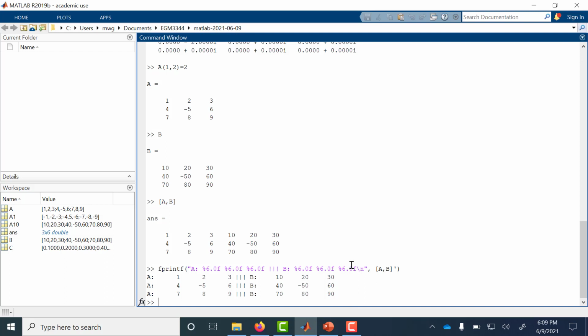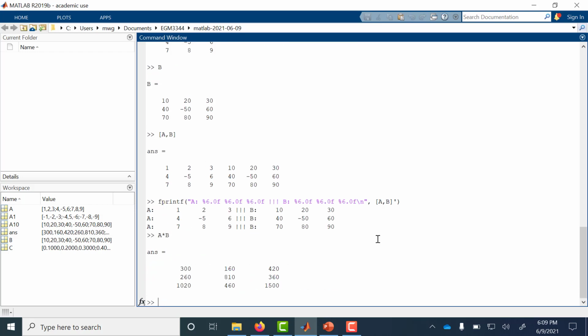The matrix multiplication I spoke of earlier is done with the star. So A star B should be my matrix multiplication operator, and we're going to dive in and check this to make sure. For example, first row dotted into first column. That's why I wanted to print it this way.